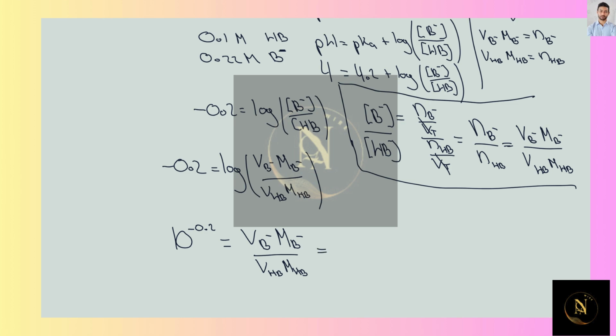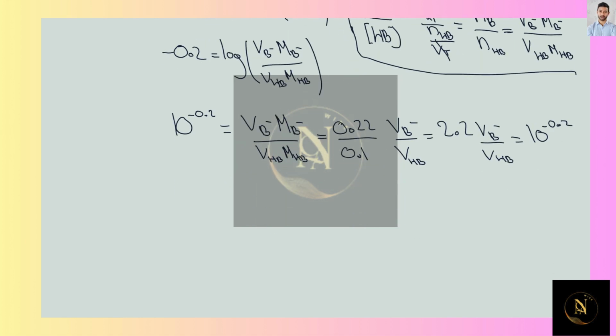Now we know what the molarities are for each of these, so we simply replace those values. So 0.22 divided by 0.1, and we get 2.2 times volume of B minus divided by volume of HB. And again, this will be equal to 10 to the minus 0.2.